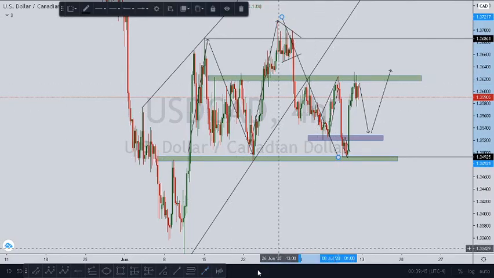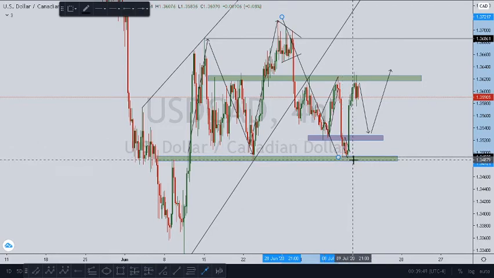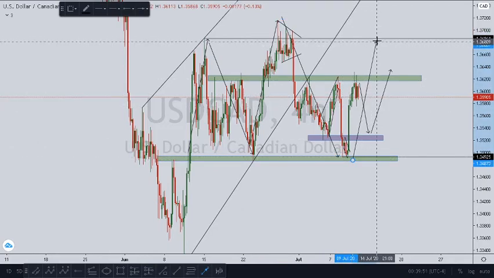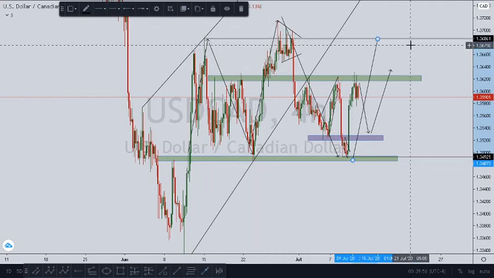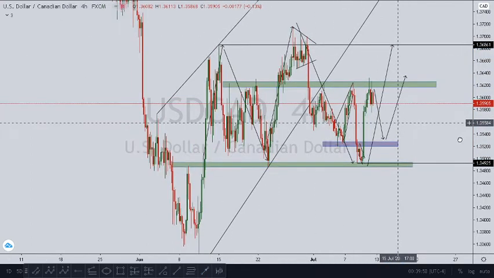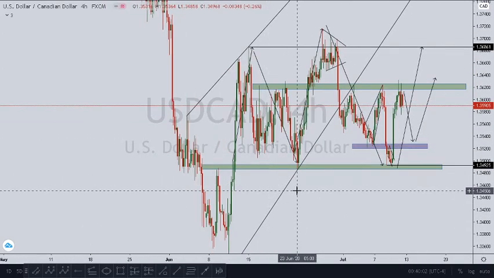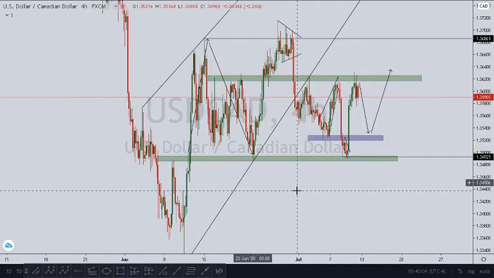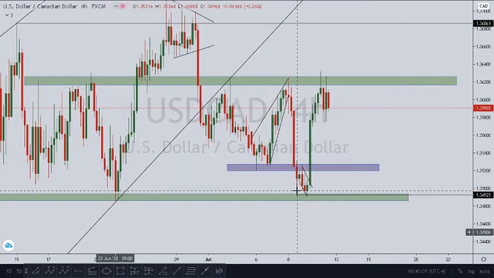This is one possibility. And from this neckline, what would we expect price to do? Move all the way up to the right shoulder level, which would have been marked by this line. So that's another scenario that we could have on the USDCAD. I'm going to clean up the chart a bit and take away the lines. I don't like too many lines on the chart, so I'm just going to clear that up.